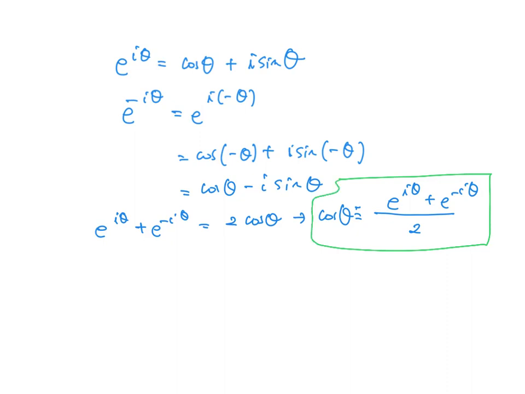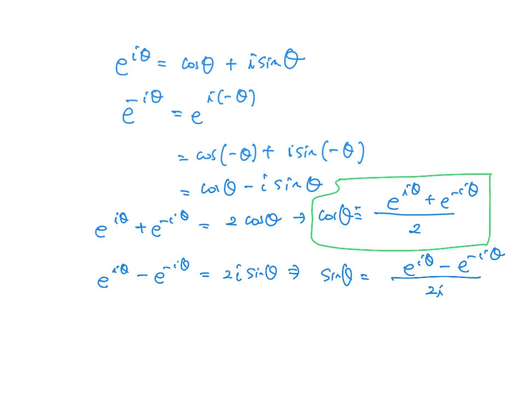If we subtract them, what happens? Exponential I theta minus exponential minus I theta is 2I sine theta. Sine theta can be written as exponential I theta minus exponential minus I theta over 2I. Not very difficult.